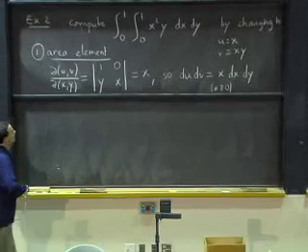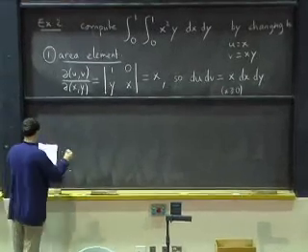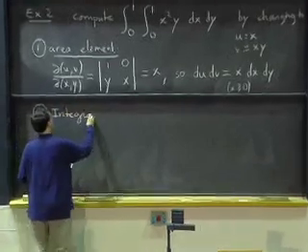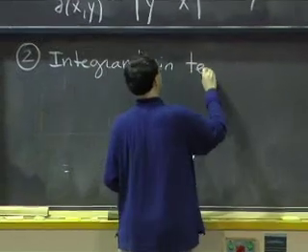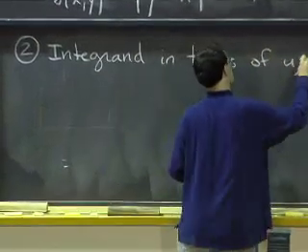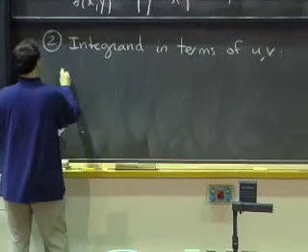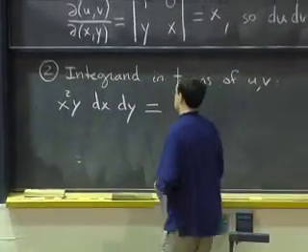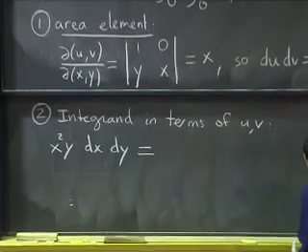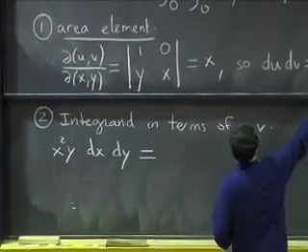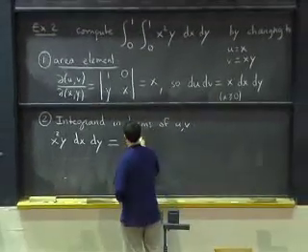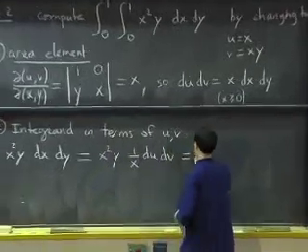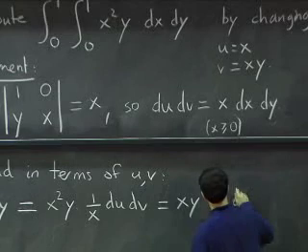Okay. So now that we have that, we can try to look at the integrand in terms of u and v. We were integrating x squared y dx dy. So let's first switch the dx dy. That becomes 1 over x du dv. So that's actually xy du dv.